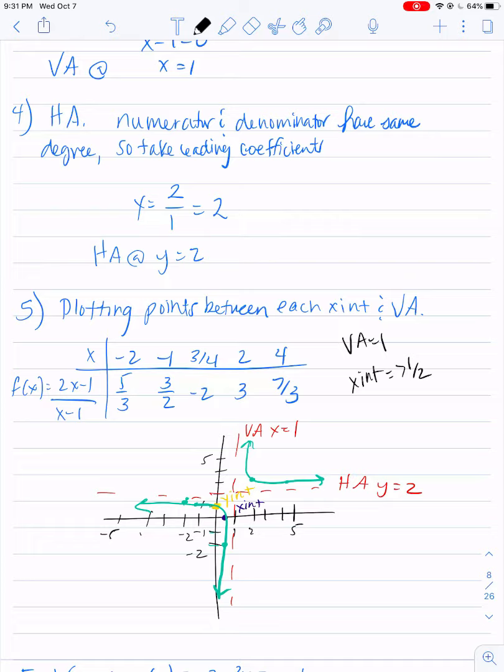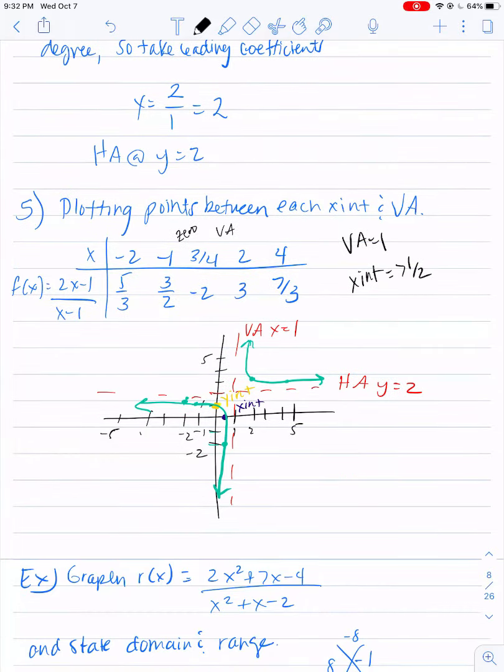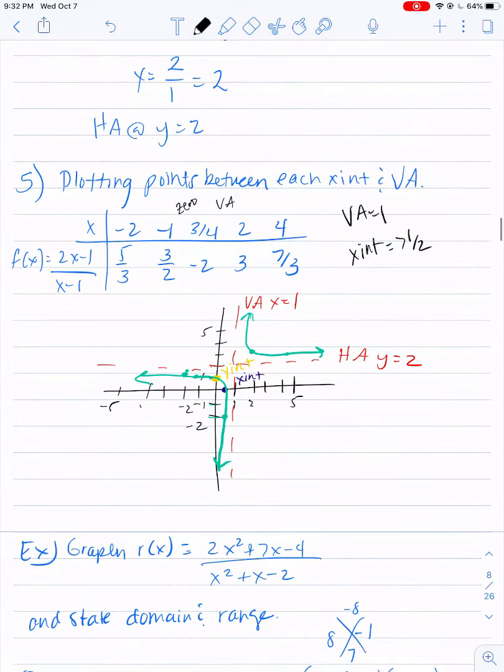So my vertical asymptote is like here, my 0 is like here. So I'm just plotting points between and beyond each. Then I plug those points into my function, and I get those points.